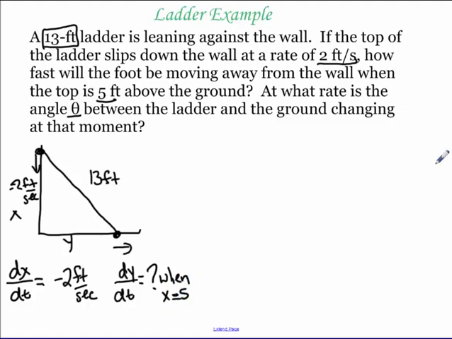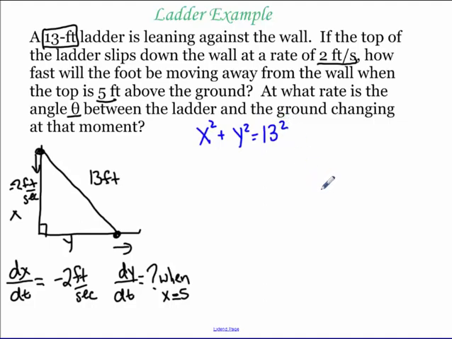What you want to keep in mind, we now need to write an equation involving x, y, and 13. Hopefully you guys realize it's a right triangle. That's why our Pythagorean theorem is so helpful to us. So x squared plus y squared is equal to 13 squared.